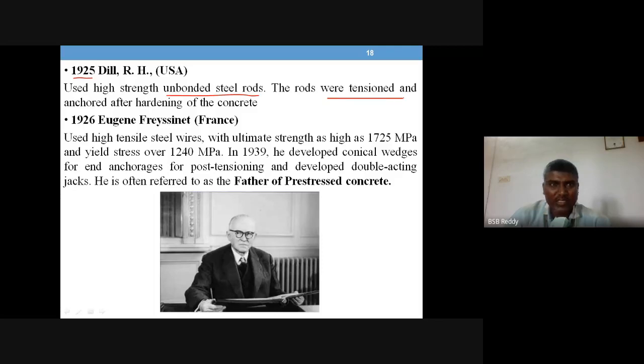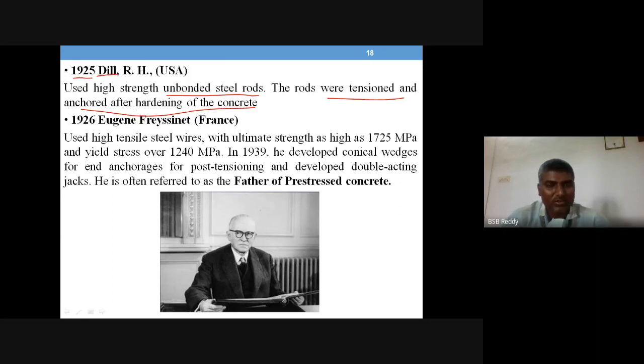So the rods were tensioned and anchored after hardening of concrete. So the very basic types of pre-stressed concrete have now come to the picture in 1925, what we call pre-tensioning and post-tensioning. So this is what he found, was post-tensioning.